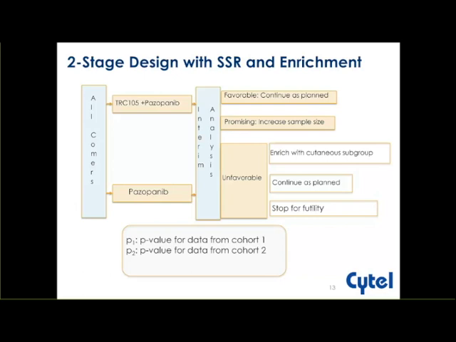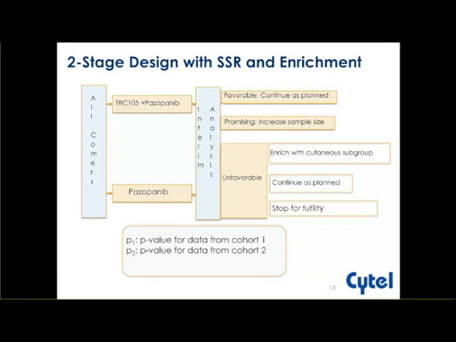Accrual in the second cohort will only start after the first cohort accrual is over. The interim analysis is going to be based on patients from the first cohort only. The first cohort are patients, all comers, who have been randomized to either pazopanib alone or pazopanib plus the addition of TRC105.